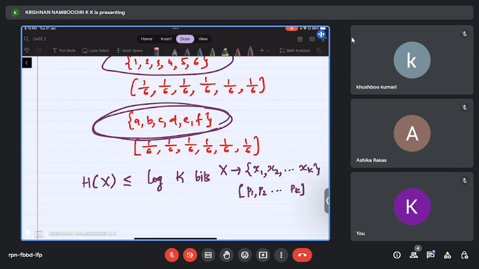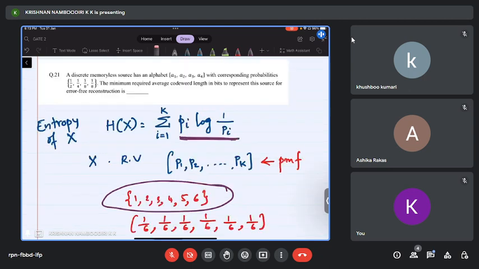Whenever we write log in communication theory, we use base 2, so the unit of entropy will be bits. These are the fairly simple ideas that you have to keep in mind while going for the GATE exam.